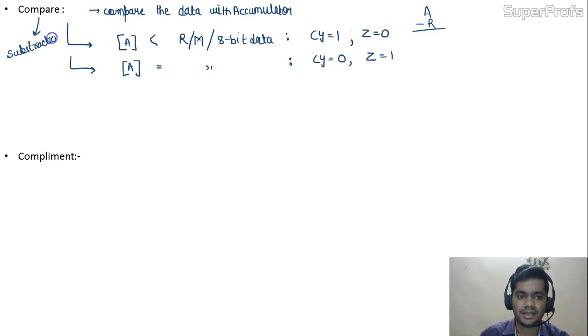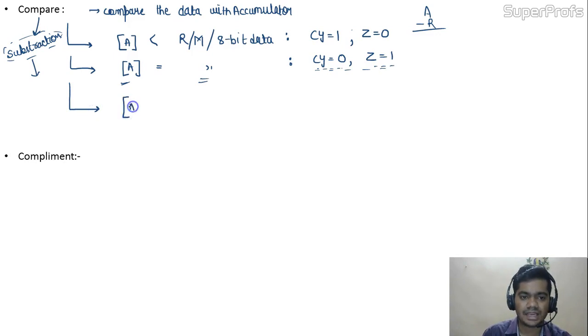But keep in mind that we are doing the subtraction only to understand it. There would be no change in the data of the accumulator, nor in this data. To understand the status of the flags, we take the help of the subtraction process, to understand why the carry flag is 0 and the zero flag becomes 1.